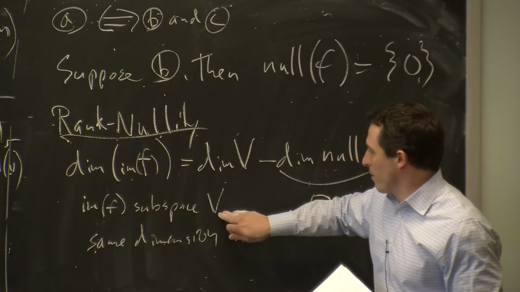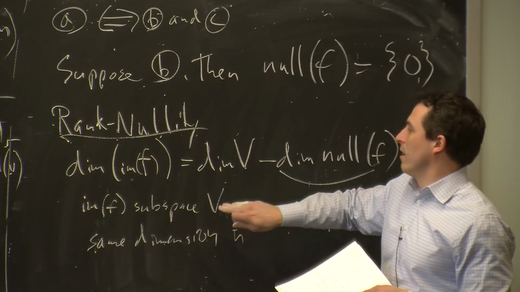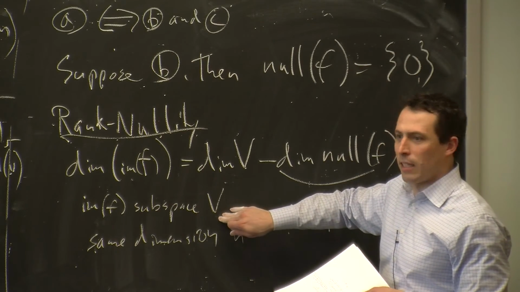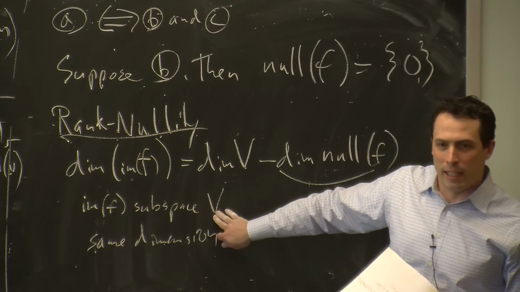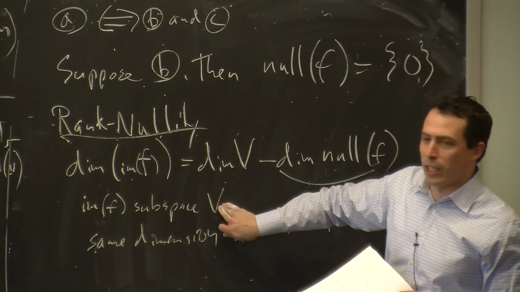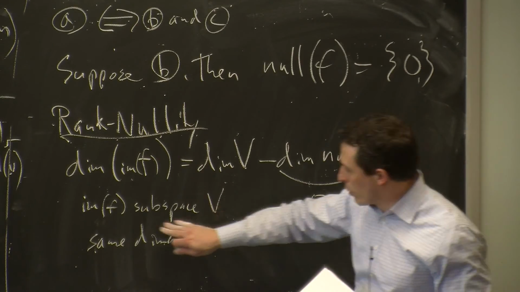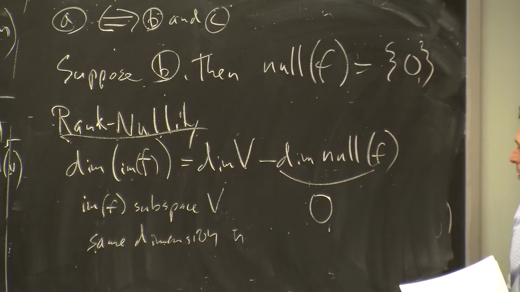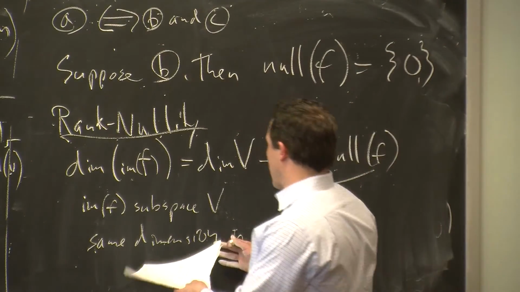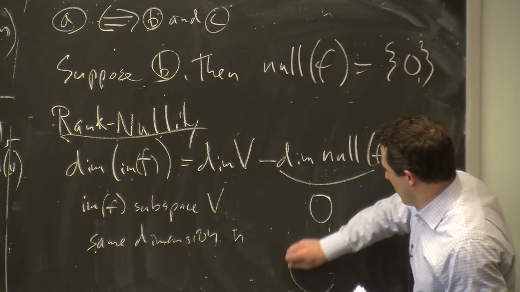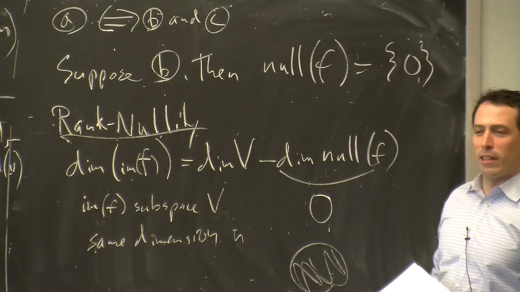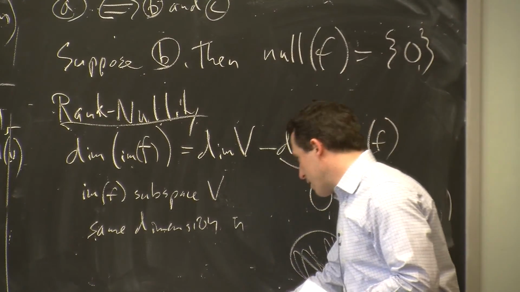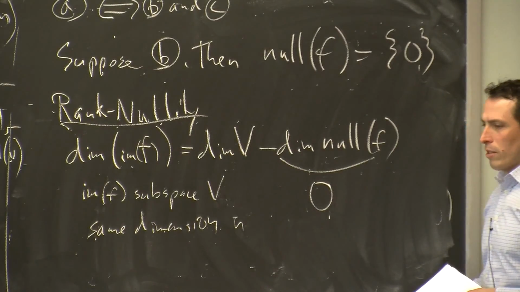But that basis of length n is an independent list of length n sitting inside of V. And we know that any independent list of length equal to the dimension of the space must be a basis. So that's also a basis of V. Therefore, these two things must be equal because they have the same dimension. Right? That's a special property of linear things. Here's a set which is a subset of the blackboard, has the same dimension, but it's not equal to the blackboard. But for linear spaces, having the same dimension forces those things to be equal.